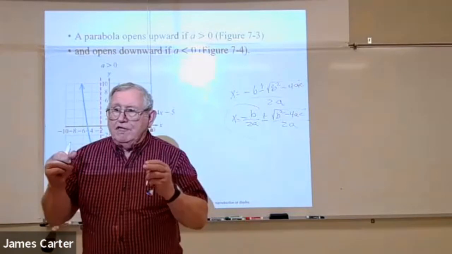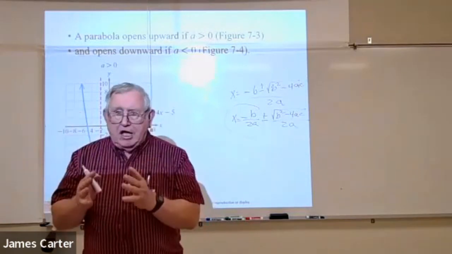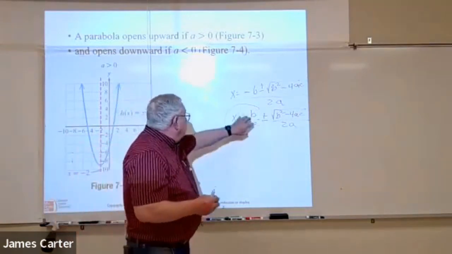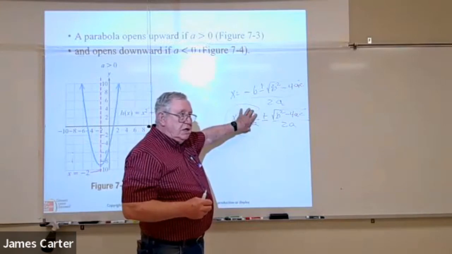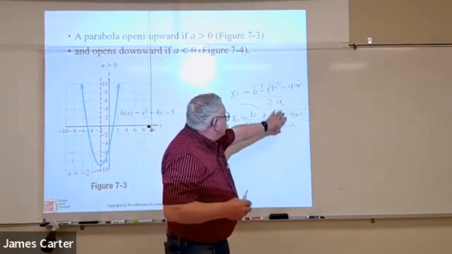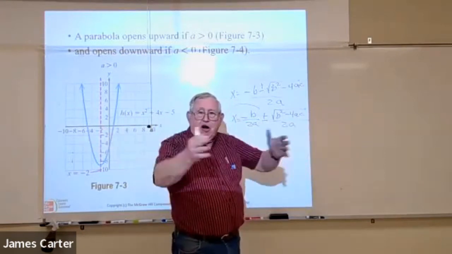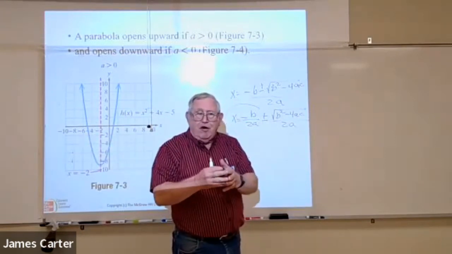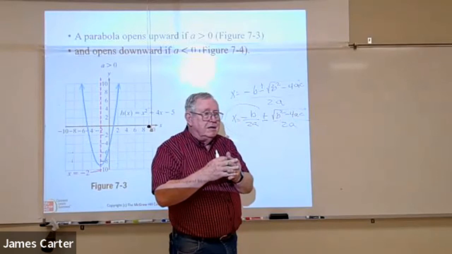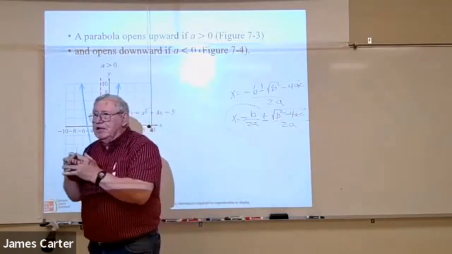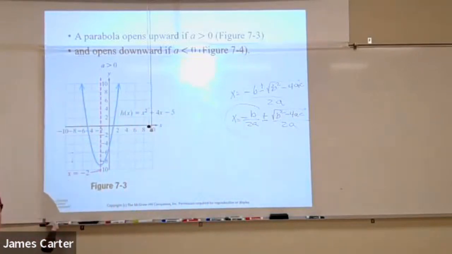What the quadratic formula really does is it gives you the line of symmetry, and this tells you the spacing, how far left and right from that line of symmetry. That's what the quadratic formula really, really does. Okay?